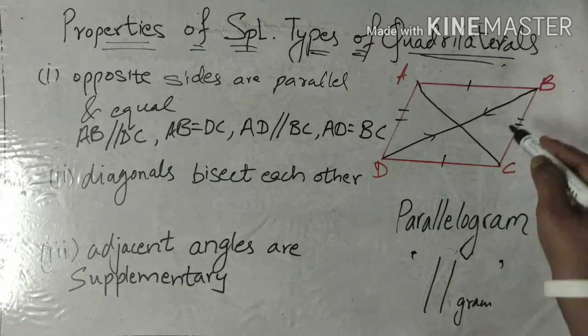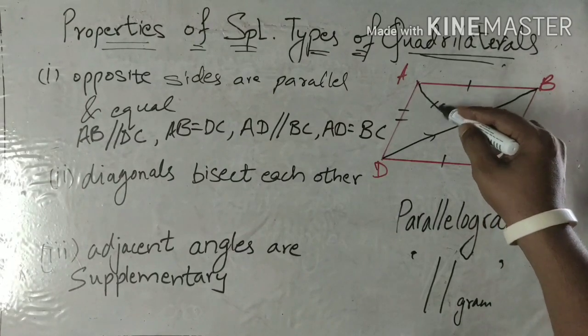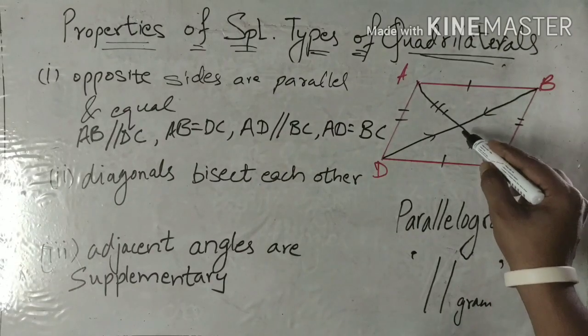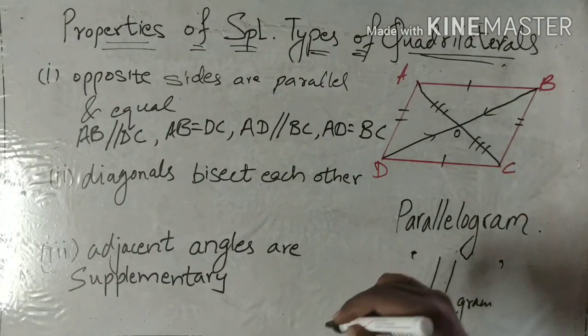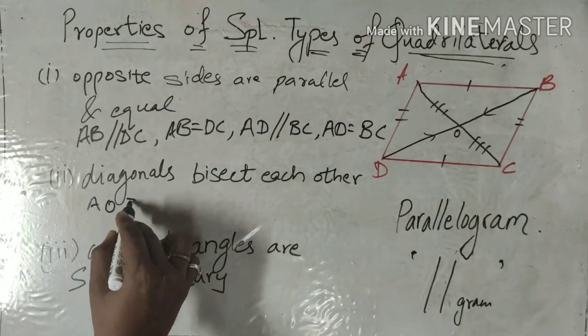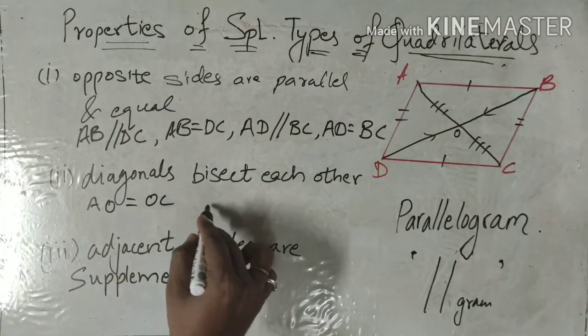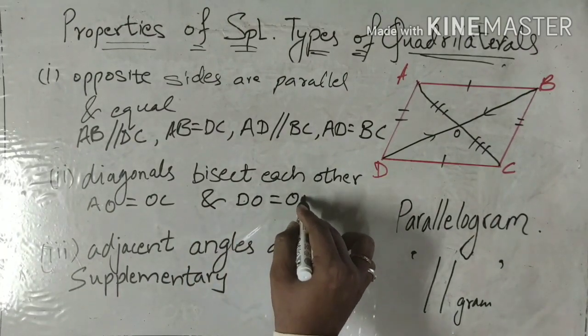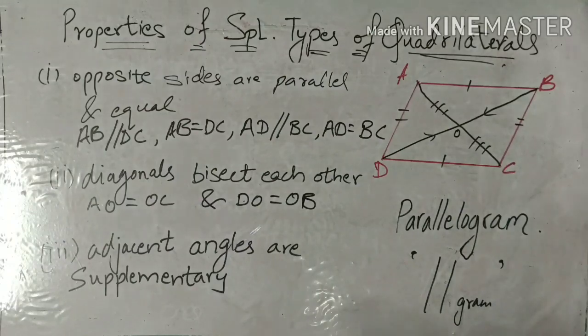This will be equal to this and this will be equal to this. So I may write AO is equal to OC and DO is equal to OB, if O is my intersection point.